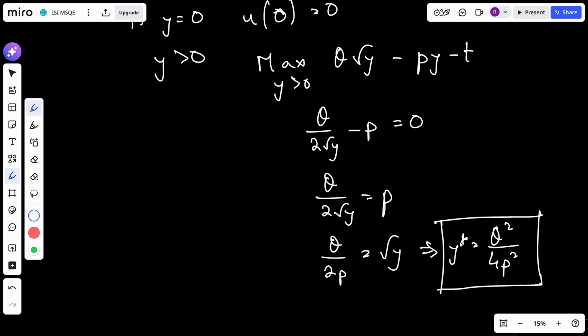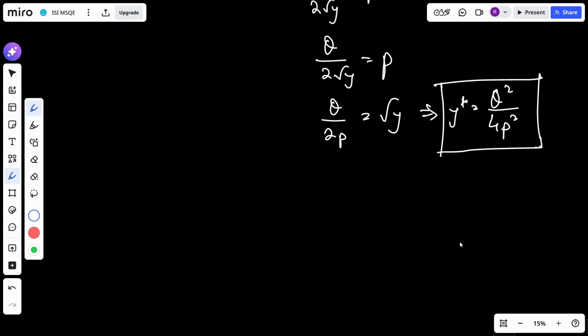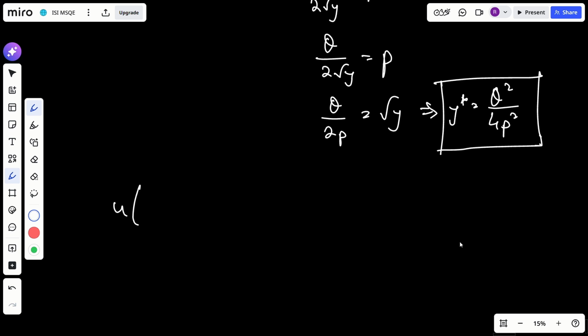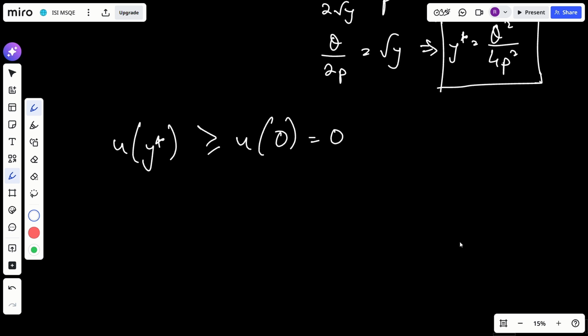So there is a catch. He will only purchase this amount if the utility from y star is at least as much as utility from not buying the good. So he will only buy if utility of y star is greater than or equal to utility when y is equal to 0, which is 0. So what will be our utility from y star? Let's write it: theta root y star minus p y star minus t is greater than or equal to 0.